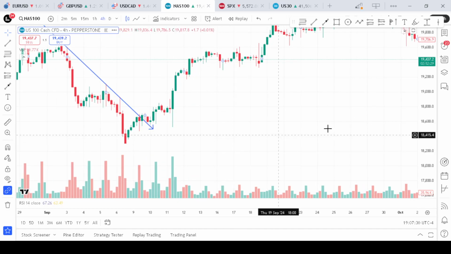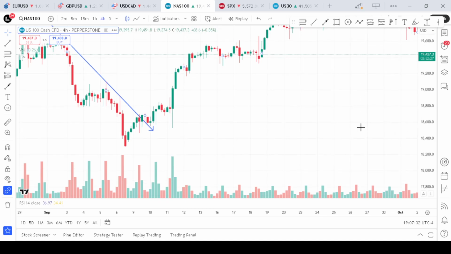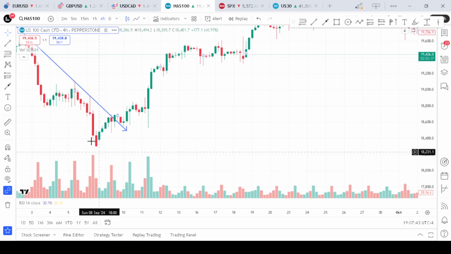We can make use of volume, because volume plays a crucial role. You will see higher average volume followed by declining volume, and as you can see, we saw higher average volume followed by a decline in volume.